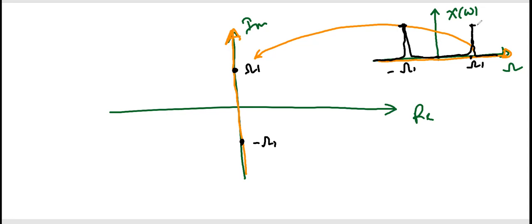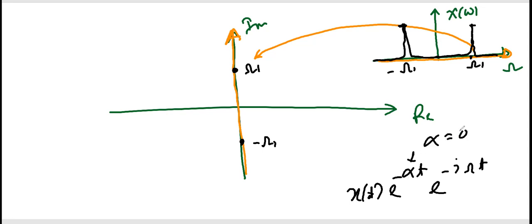But what about the alpha in this case? In this case, x(t) e to the power minus alpha t, and e to the power minus j omega t. Here alpha is equal to 0.